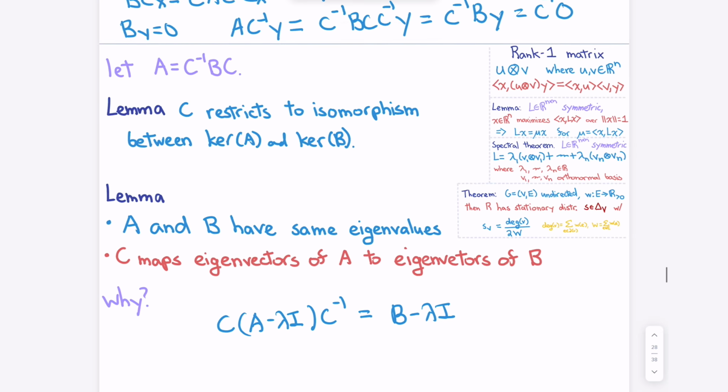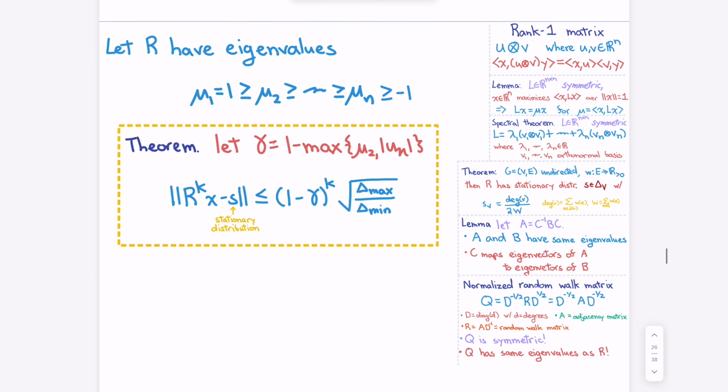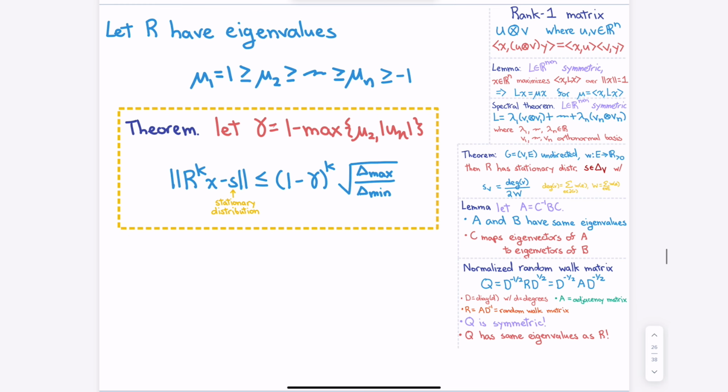All right. Okay, so why is that useful? Now, we want to apply the spectral theorem essentially to the random walk matrix. Okay. Why can't we apply the spectral theorem to the random walk matrix? Why isn't it positive semi-definite? It's an undirected graph.